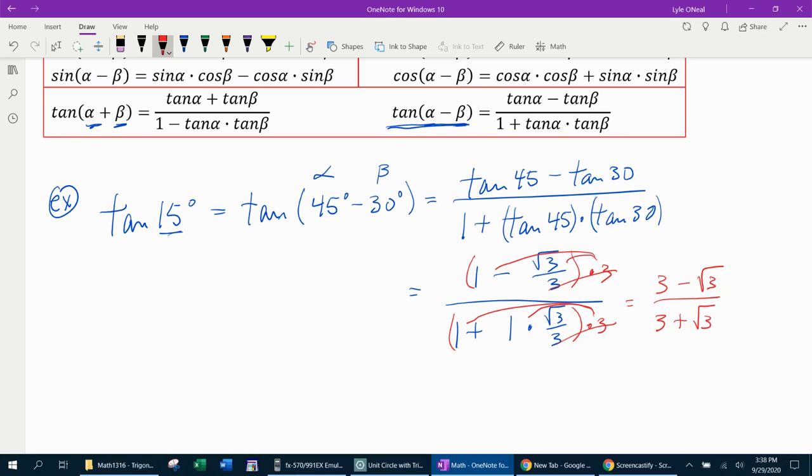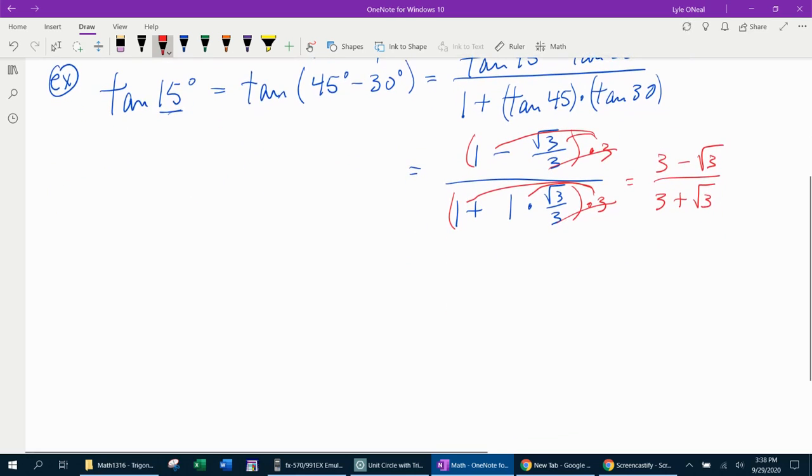Notice now that it's a fraction, but it's not a complex fraction because we don't have fractions in top and bottom. Now, this is still irrational. And so now what we're going to do is we're going to multiply the top and bottom by the conjugate. A lot of algebra going on here.